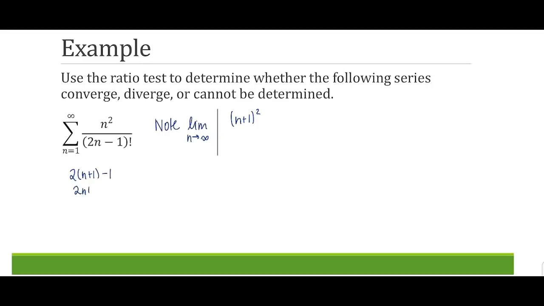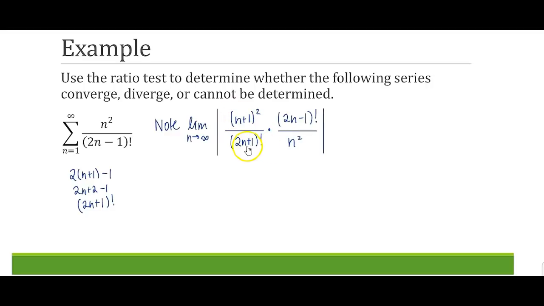Well, that's 2n plus 2 minus 1, or 2n plus 1. And all of that is factorial. So I have over 2n plus 1 factorial. And then, instead of dividing by a sub n, we'll once again multiply by the reciprocal. So 2n minus 1 factorial over n squared.